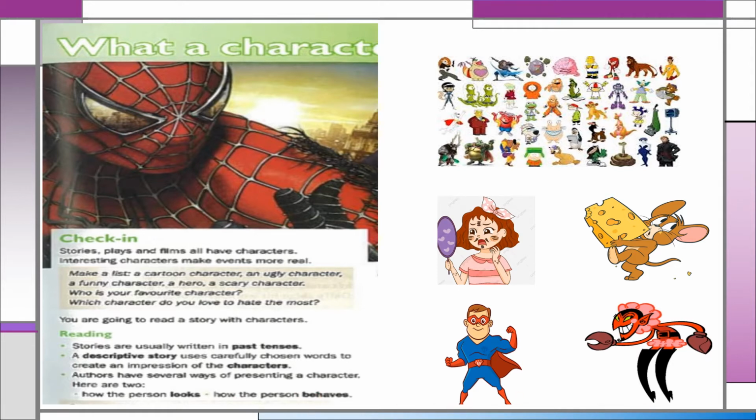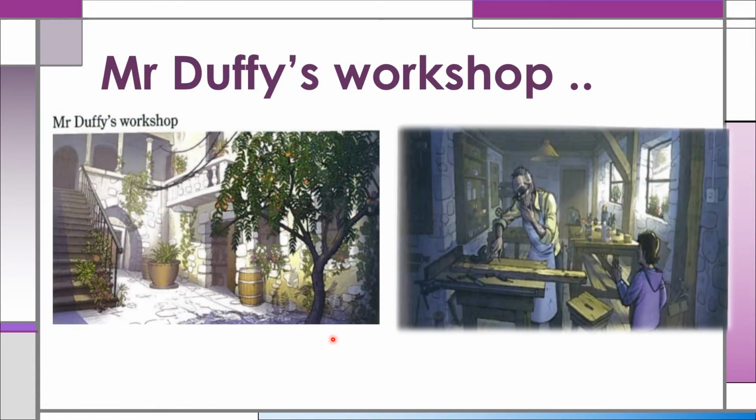And now it's time to start our lesson by reading the first paragraph and discussing it by making questions and answers. Open your student's book, pages 58 and 59. We have two pictures in these two pages. This is about Mr. Duffy's workshop.